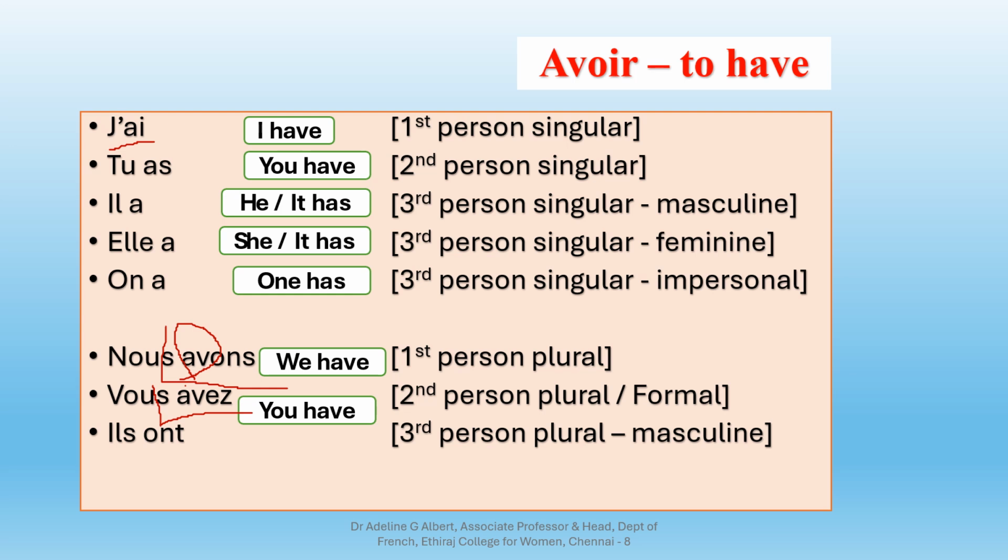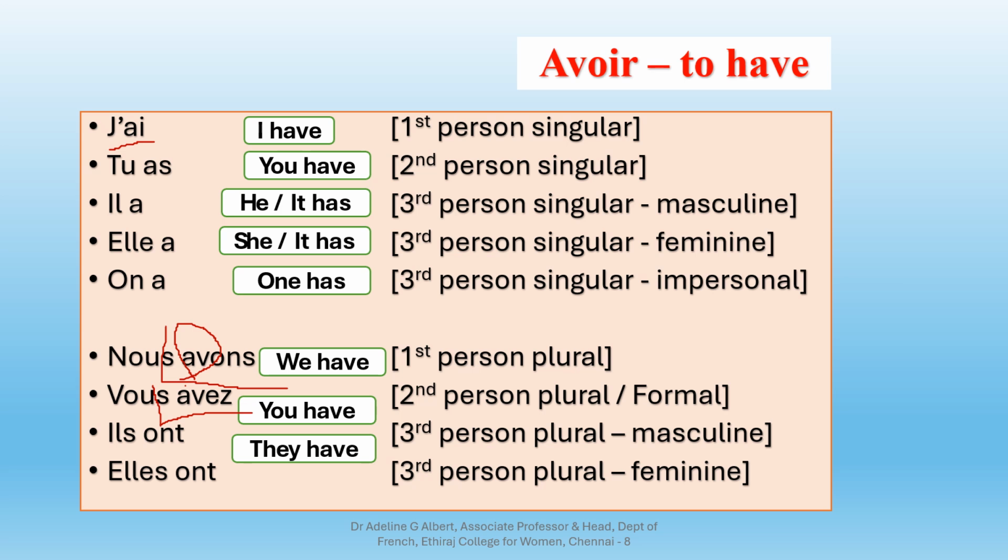It is not ils ont, but ils ont. The T is silent. They have, masculine. Feminine form, elles ont. Alright, so the S always goes into the second word if the second word starts with a vowel. Alright, nous avons, vous avez, ils ont, elles ont.